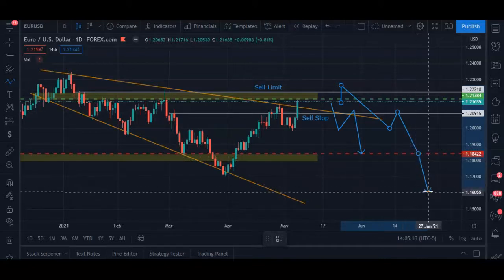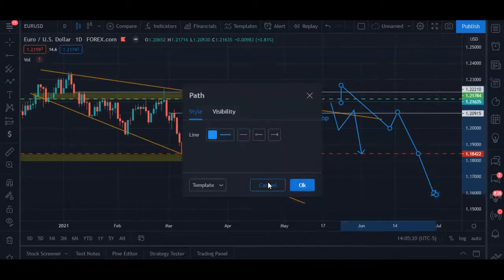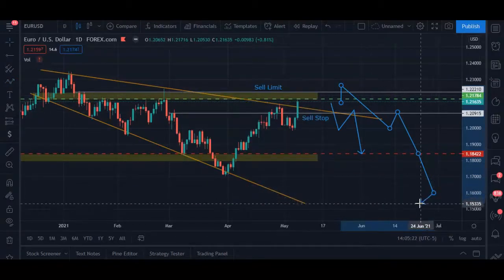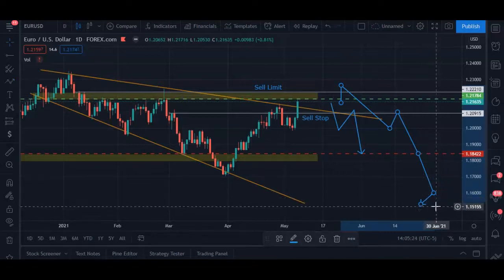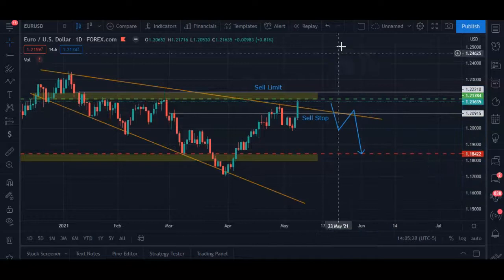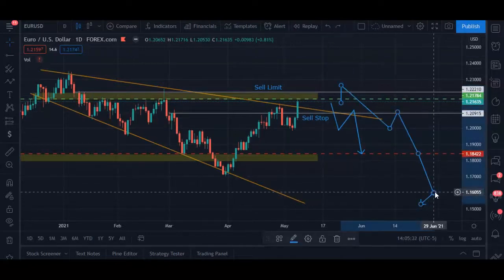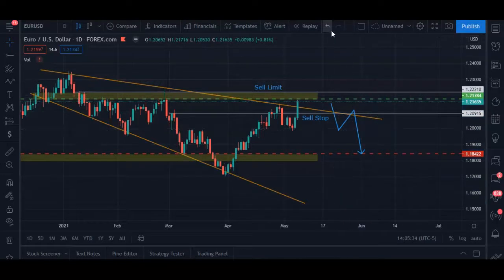And hopefully it'll shoot down to here. Oh, boy, I think I messed it up. Yeah. Let me delete this one. And yeah, I screwed it up. How do I delete these things?